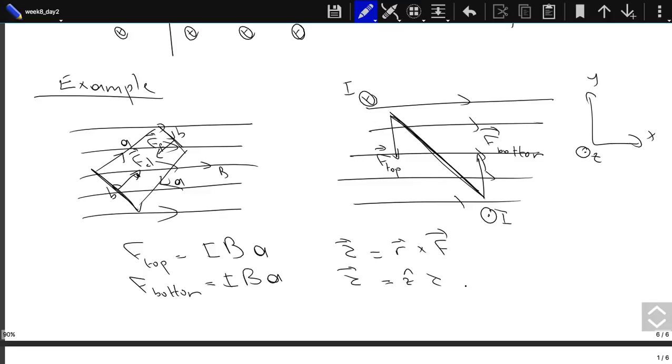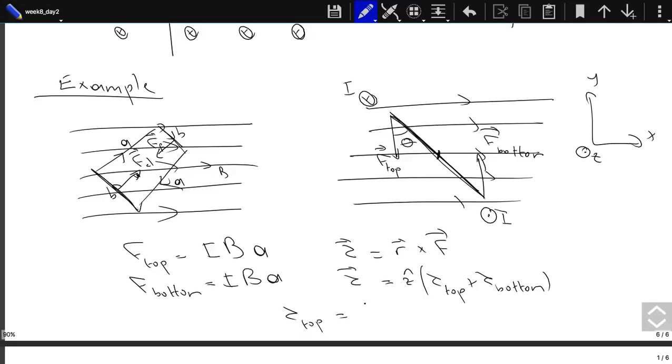The magnitude will be just the sum of two torques, the torque due to the top force plus the torque due to the bottom. What is the torque created by the force acting on the top segment? Let's call this angle theta. Let's say this is the center of mass.